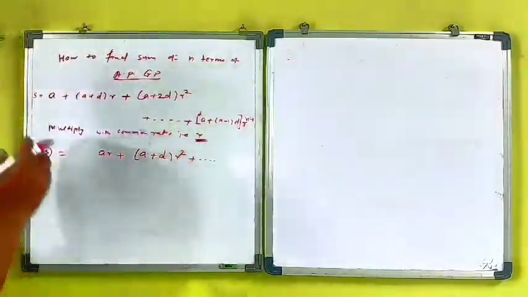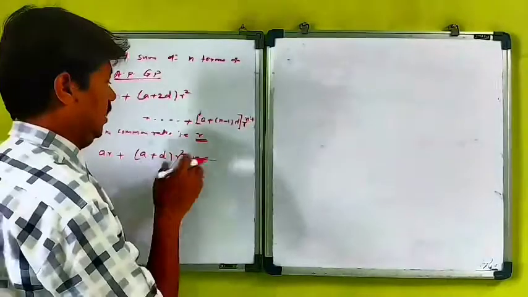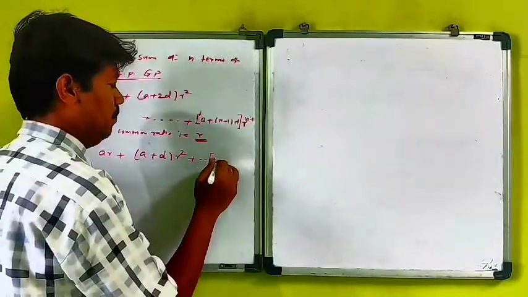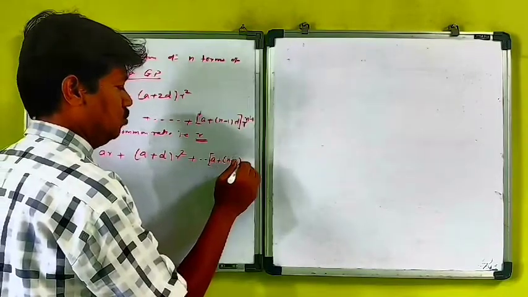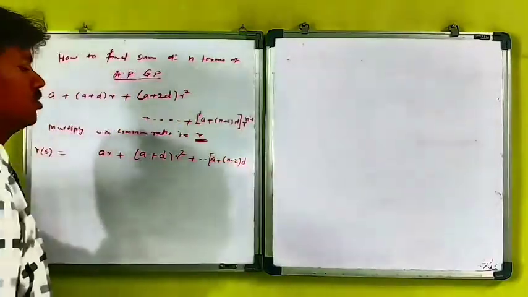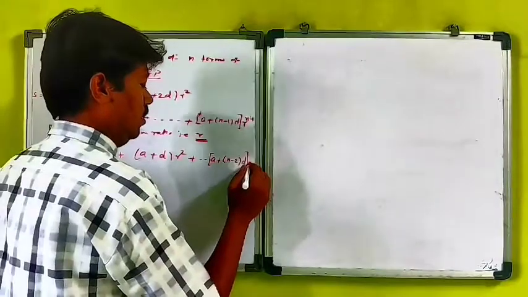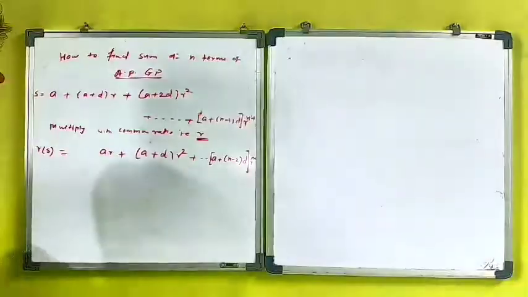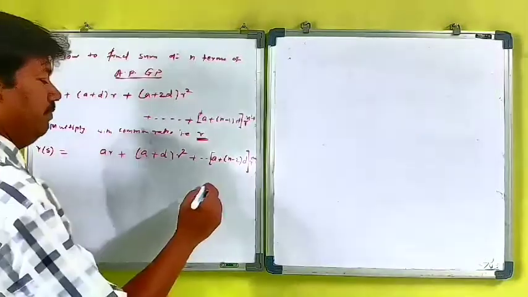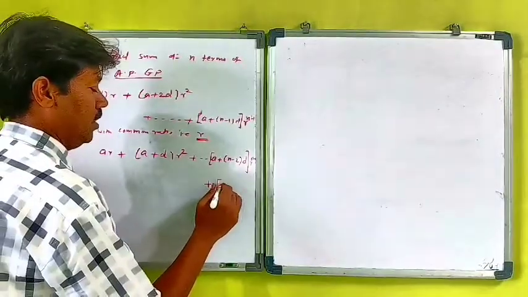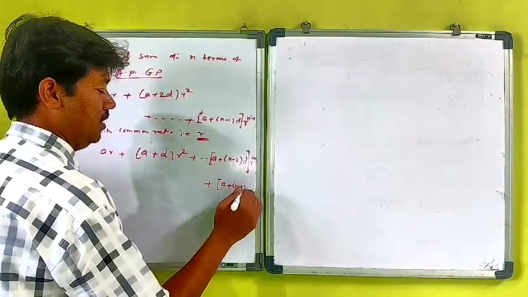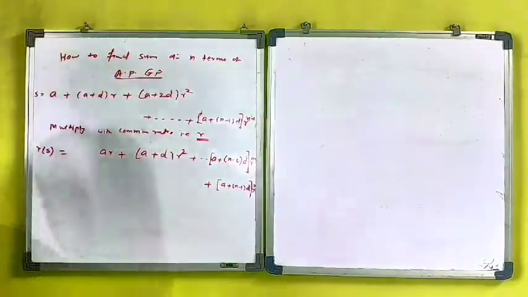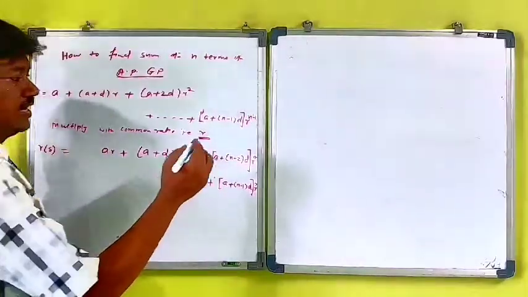The previous term will be (a plus (n minus 2)d) into r raised to n minus 1, and one more term will come: (a plus (n minus 1)d) into r raised to n. So one more term. Now we have to subtract.